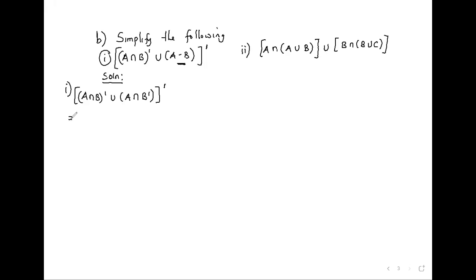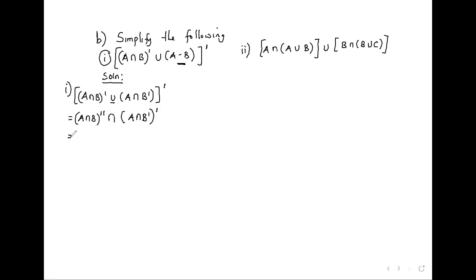Okay. Then you come back and distribute the complements now. So now we have A intersection B, with a complement already, and another complement that comes from outside. It changes this union to intersection. Then we'll have a complement outside here.